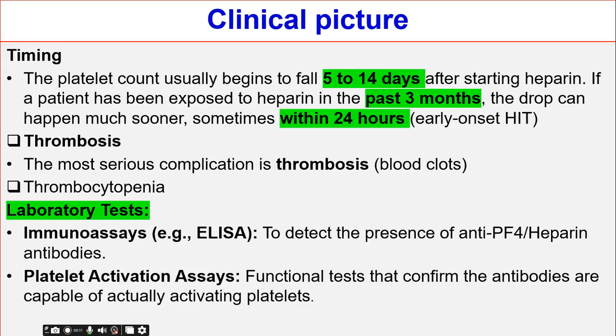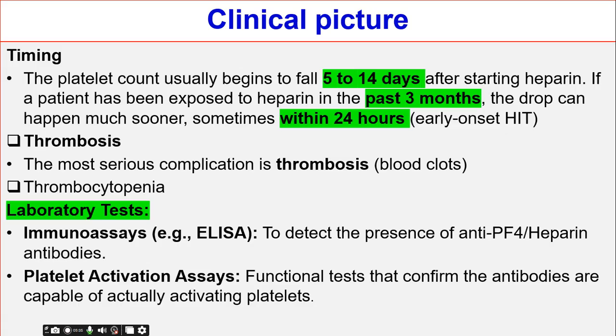When we suspect these patients, we undergo laboratory tests that confirm the diagnosis. The laboratory test that confirms the diagnosis is the antibody against the platelet factor 4 heparin complex. This is detected by ELISA or immunoassay.